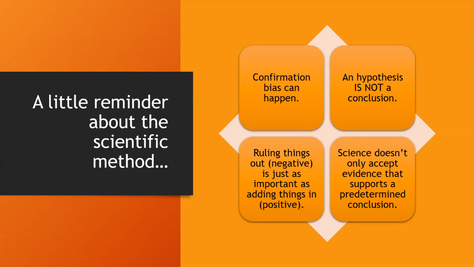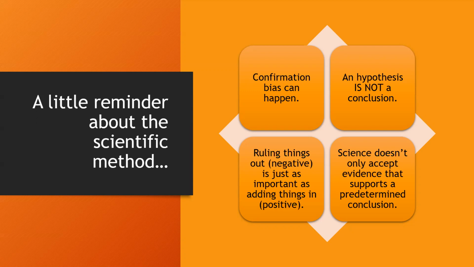And a lot of people have confirmation bias. We see it all the time in news and politics and anything where we take in information. Our confirmation bias really plays a role in how we evaluate that information. Remember, a hypothesis is not a conclusion. So we want to be really careful that our hypothesis is not thrown out there as absolute.